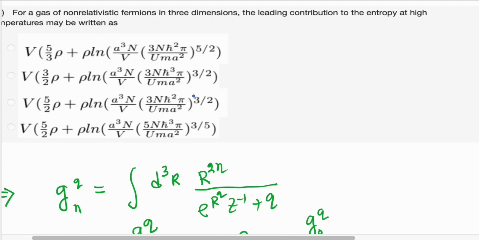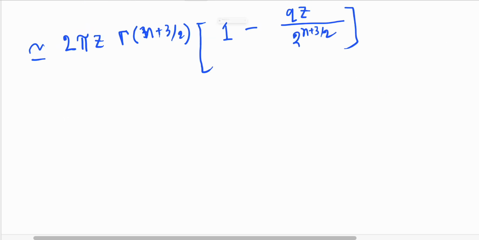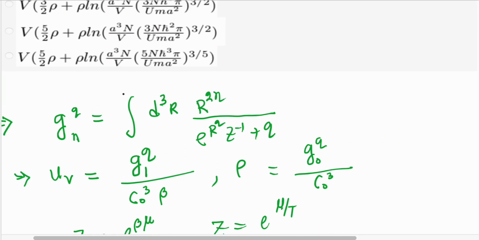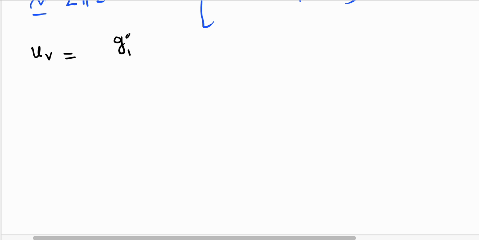So since we calculated g n q, now we can easily say what is the value of u v and rho v. So let's calculate that. u v is nothing but g1q by c0q into beta.